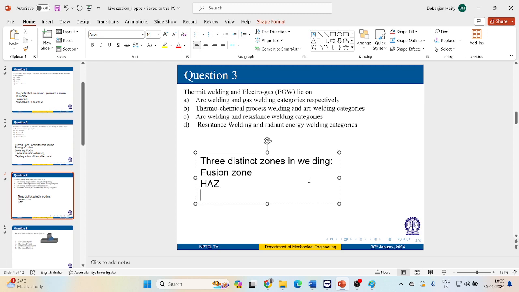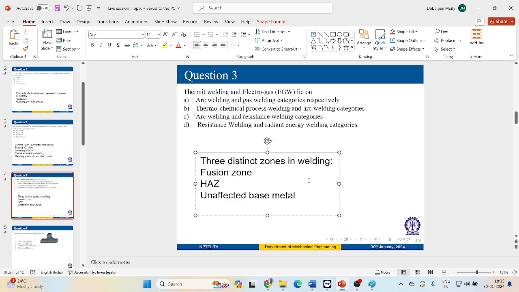It will be an unmelted zone around that fusion zone, and there will be a part which is completely unaffected, or we call it the unaffected original part, right? So those are my three distinct regions of any kind of welding structure. Unaffected, let's say base metal. Of course, this is base metal.